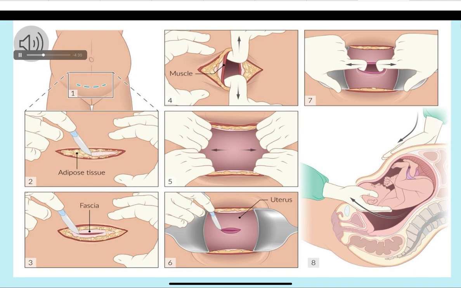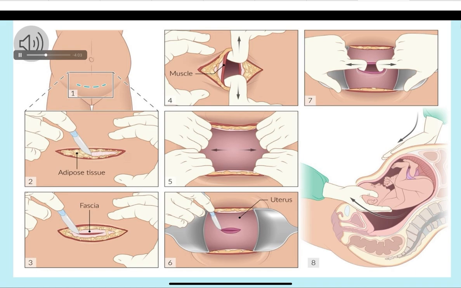So, if we go back to section 2, you will see where they are making the dissection into the patient, and it reads adipose tissue. So, adipose tissue just means fat. Fatty tissue, that is the subcutaneous area. So, subcutaneous means pretty much fat, which means we are not into the muscle yet.